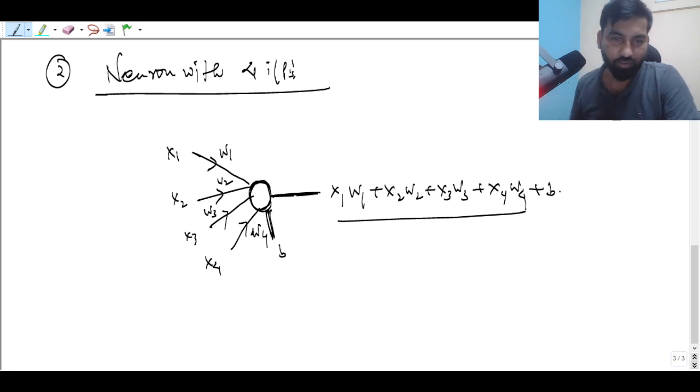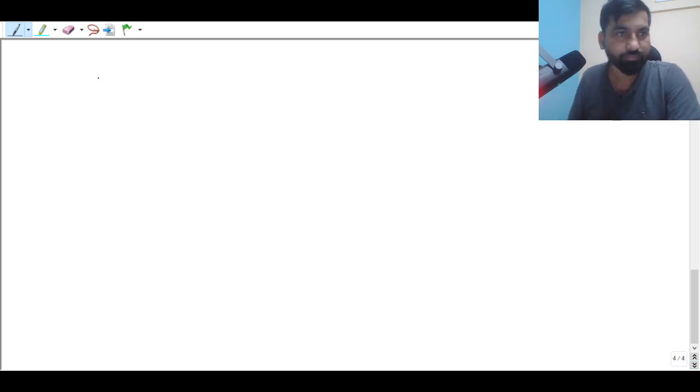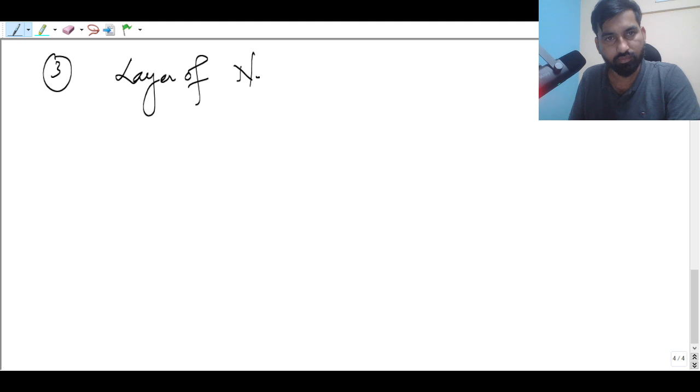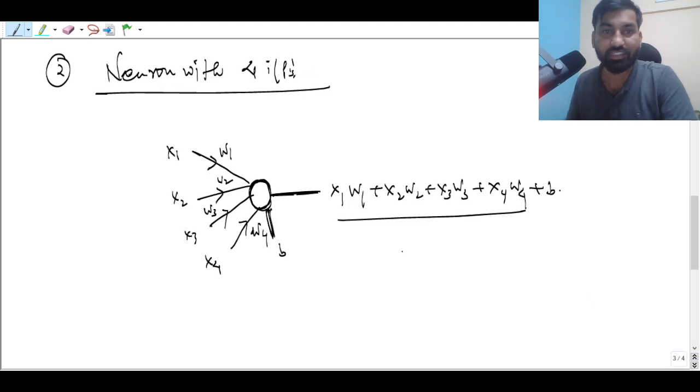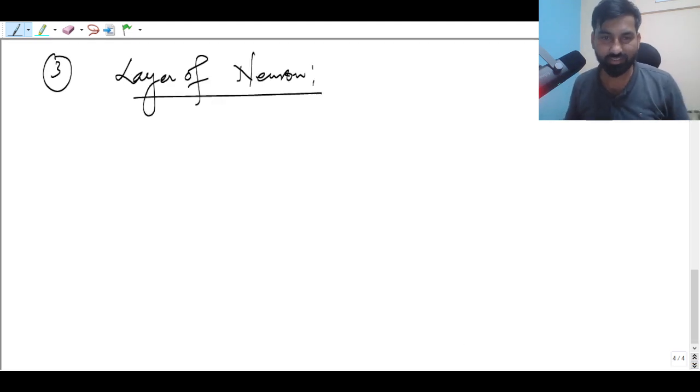So what is this layer of neurons? Instead of having a single neuron, we can have many neurons, right? Suppose we have got one neuron, second neuron, third neuron.